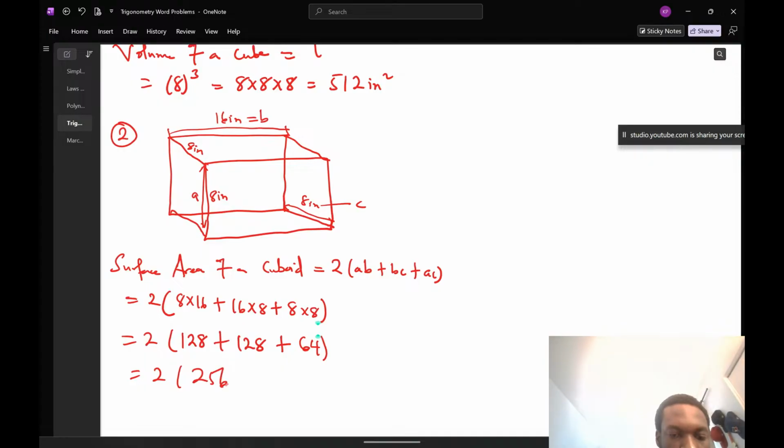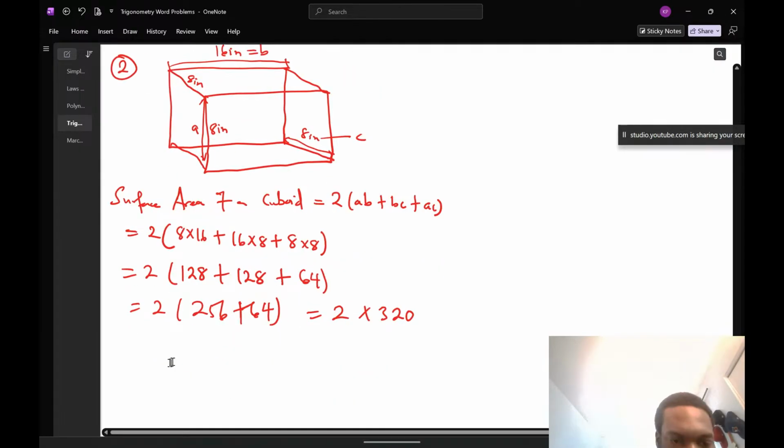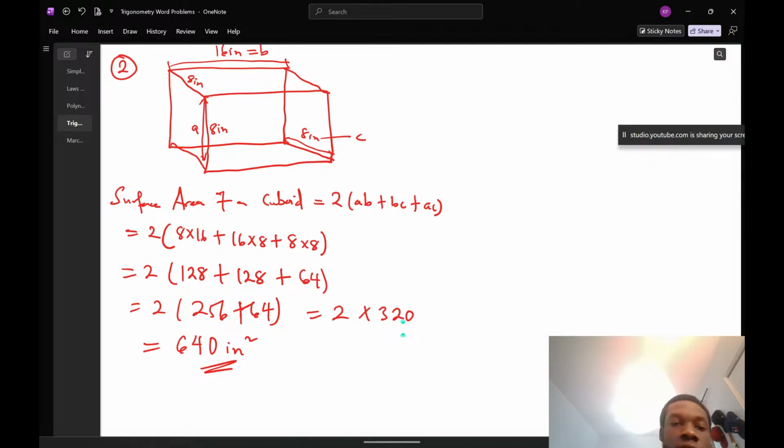So we have 256 plus 64. That's 320, sorry. So that will be equal to 2 times 320, which is 640 inches squared.